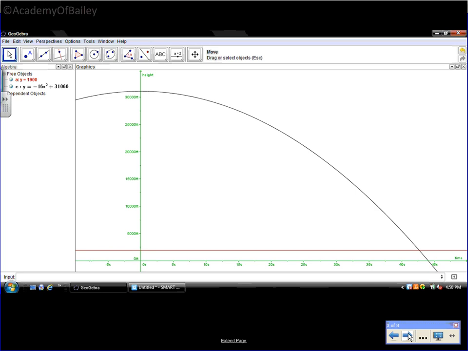Let's see, there's one thing I didn't put on here. This yellow part is kind of like the flight path of the Enola Gay. So this would be the flight path of the Enola Gay.